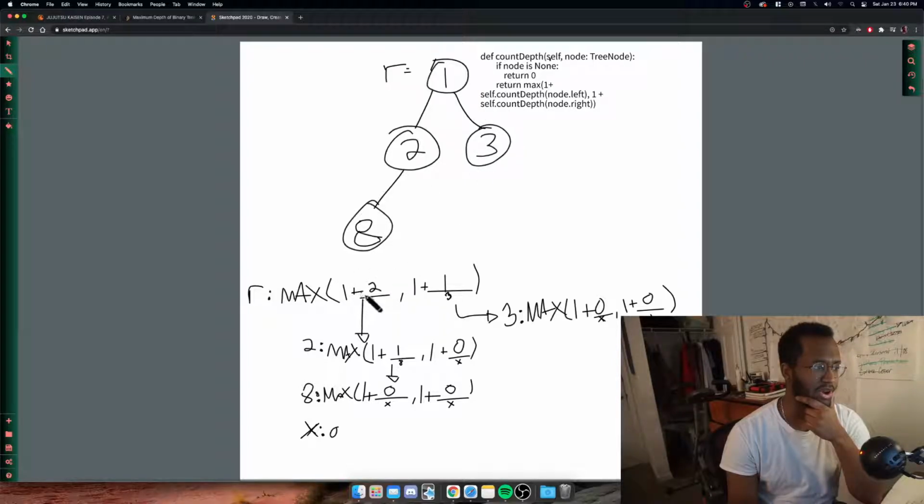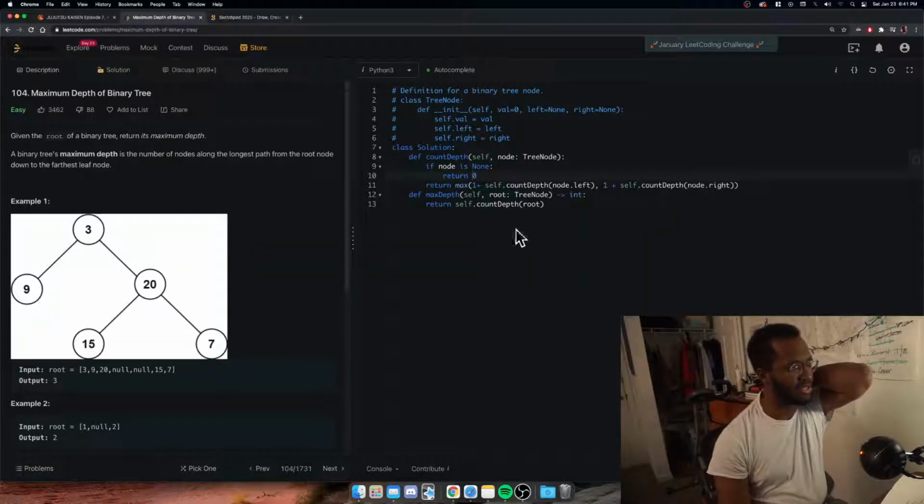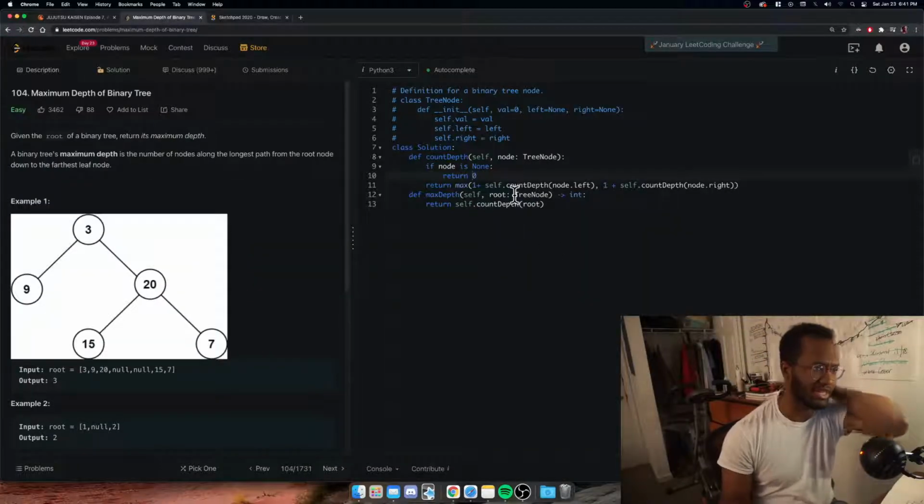We get 1 plus 3 or 1 plus 1, and what we return is 3. So our deepest depth is 3.